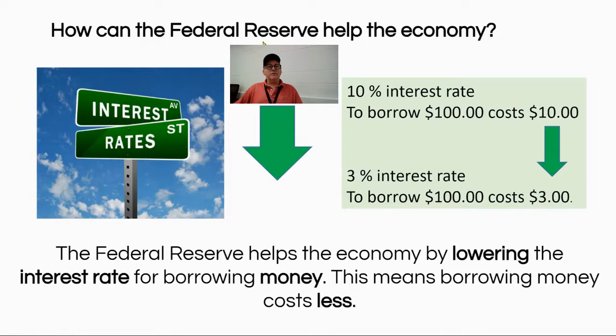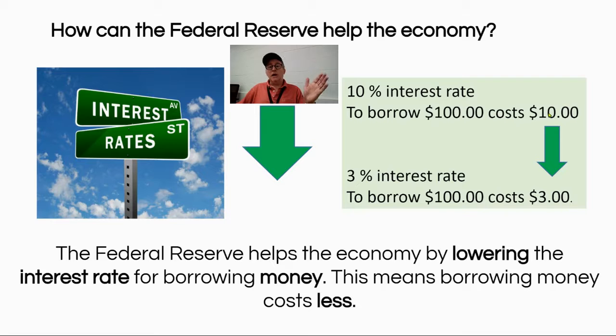How can the Federal Reserve help the economy? The Federal Reserve helps the economy by lowering the interest rate for borrowing money. This means borrowing money costs less. For example, at a 10% interest rate, to borrow $100 would cost $10.